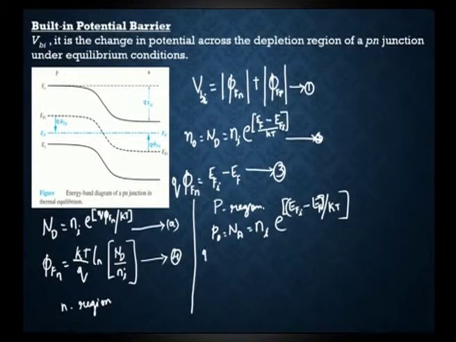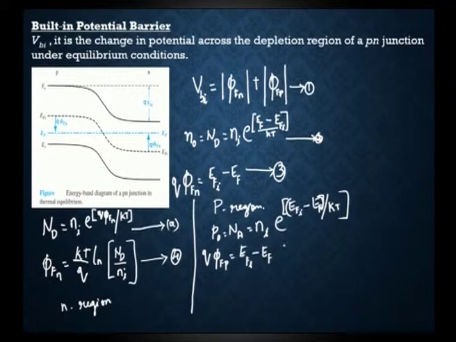Now we are going to find the potential in the P region. Similarly, q phi Fp is equal to EFi minus EF.